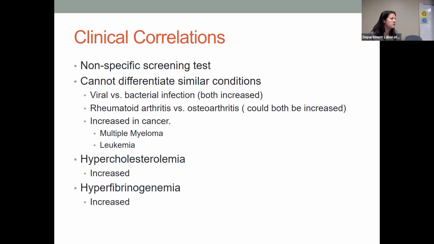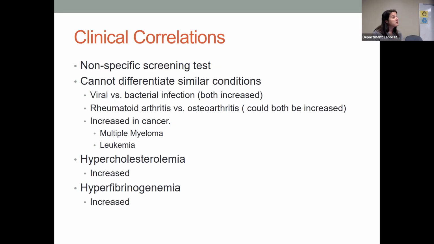Rheumatoid arthritis versus osteoarthritis, both will be increased. And then different types of malignancies such as multiple myeloma and other leukemias, you'll have an increased ESR. So it's non-differentiating, all right, it's non-specific.